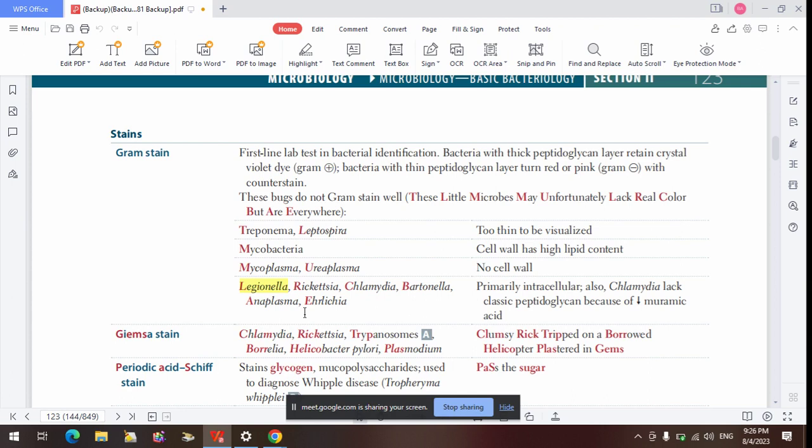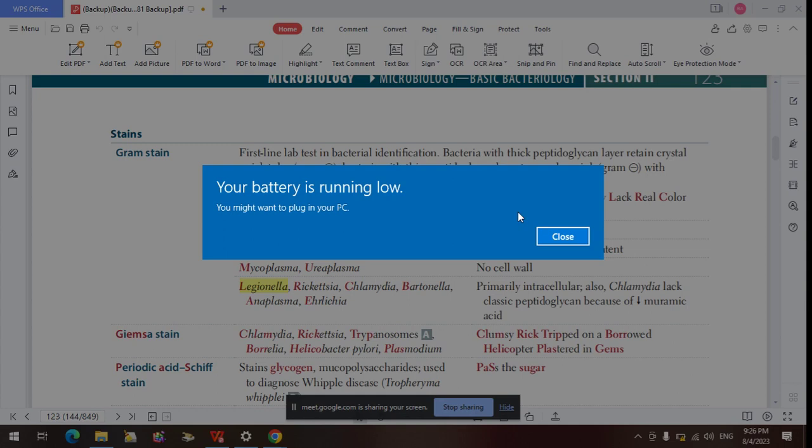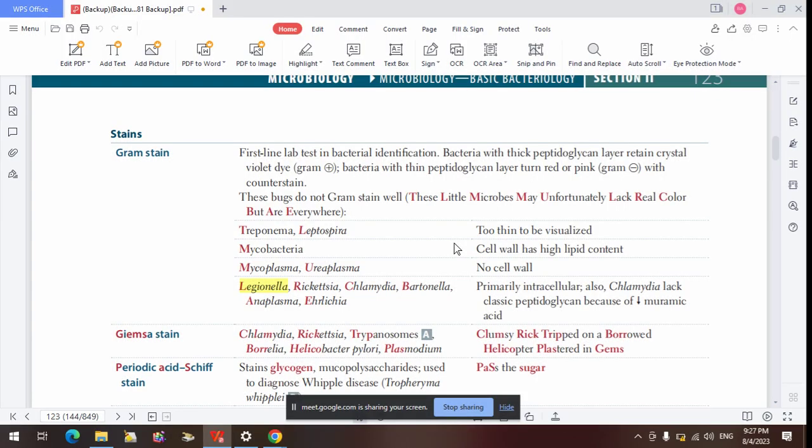Rickettsia and Chlamydia go together, like brothers, so you can just add Legionella to them. But if you want to remember everything, the acronym is CABLE: C for Chlamydia, A for Anaplasma, B for Bartonella, L for Legionella, E for Ehrlichia.